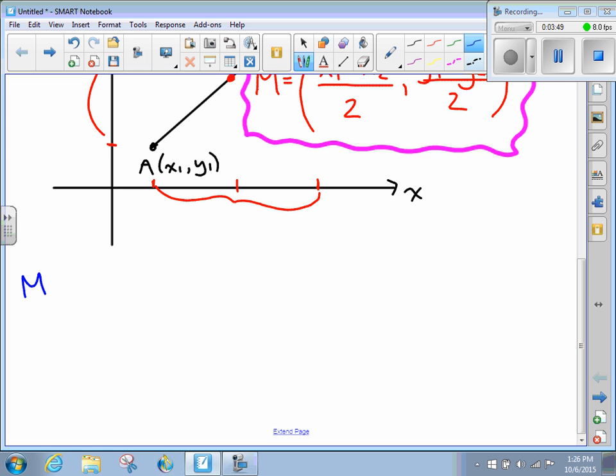So a median. The word median means it's a line that joins the vertex, which is a corner, so one of the corners of a triangle, to the midpoint of the opposite side.